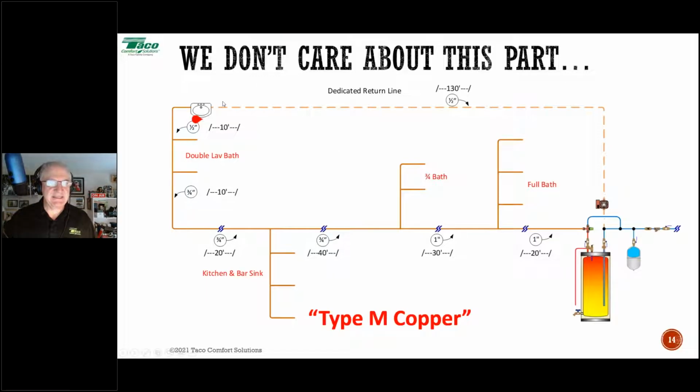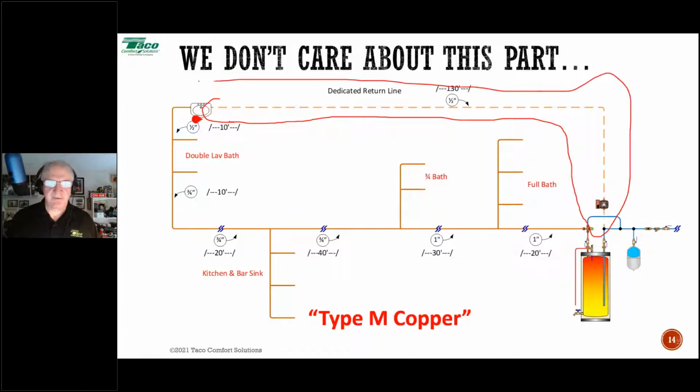is this dedicated return line from, here we go. We got to get that right. I keep spoiling the reveals here. The only part we do care about is this portion right here, okay? That 130 feet of half-inch copper in this example.